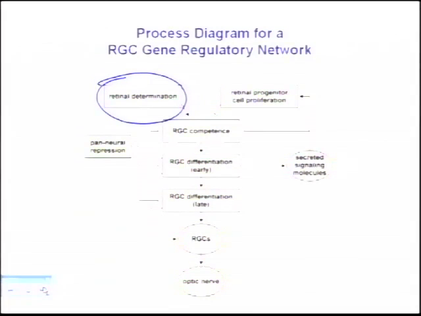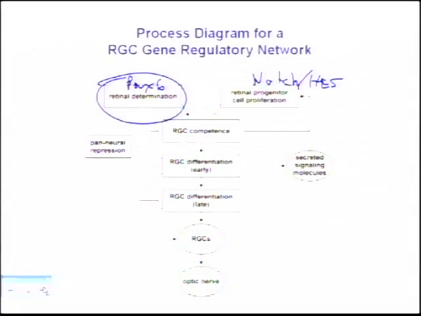So the retinal determination factors, I've already told you, are things like PAX6. And the retinal progenitor cell proliferation things are things like Notch and Hes. And these have inputs into the processing unit that's associated with the competence of retinal ganglion cells.